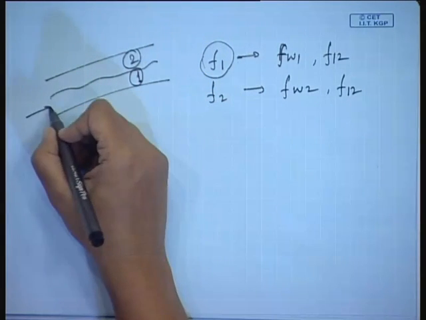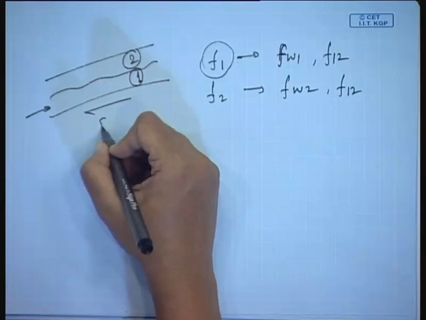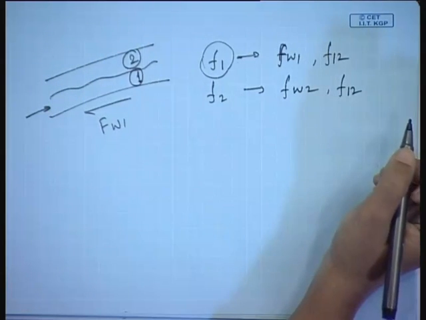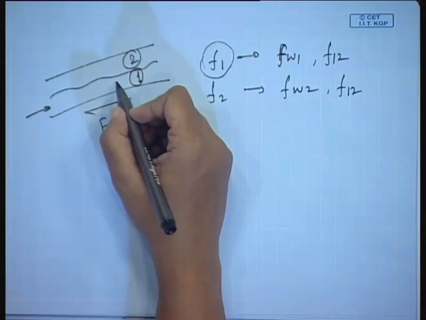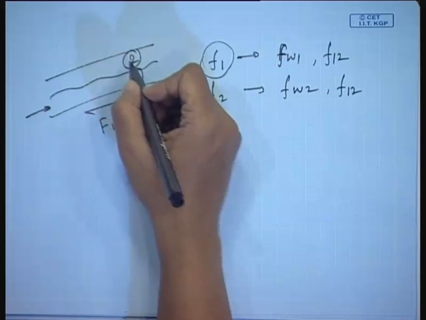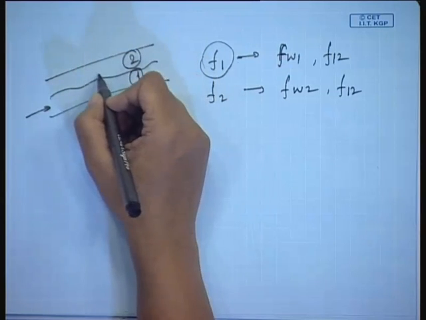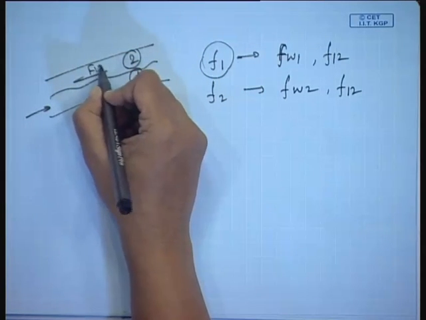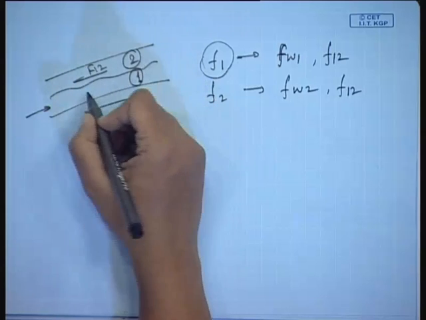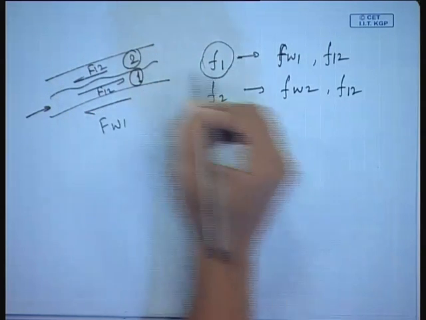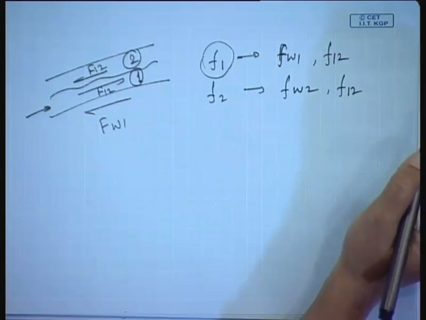And since the flow direction here is in this particular direction, it will also comprise of F12. Now, since 2 moves faster than 1, F12 will be in the opposite direction for phase 2 and in the direction of motion for phase 1. That we had already done when we were doing the simplest possible case, isn't it?